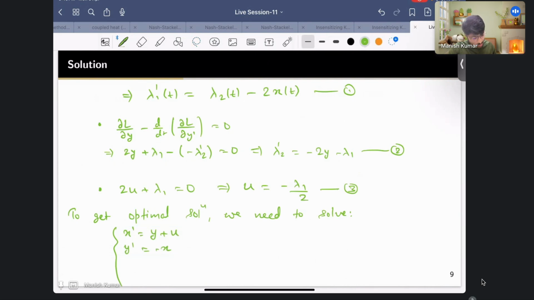This is the first equation. So over here you can replace u by minus lambda 1 by 2.